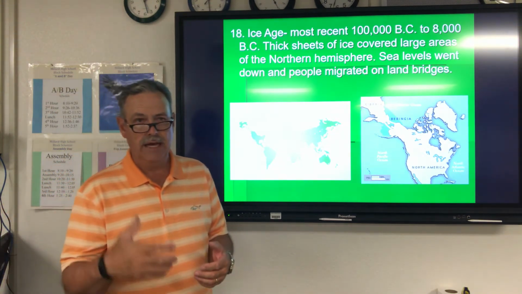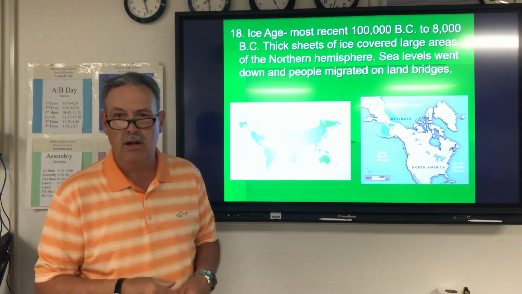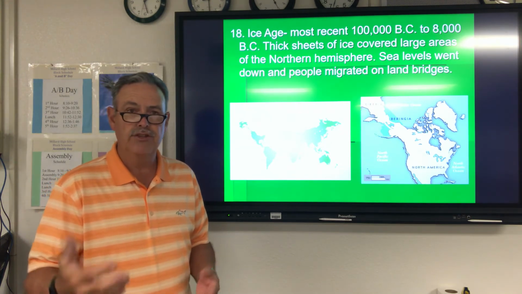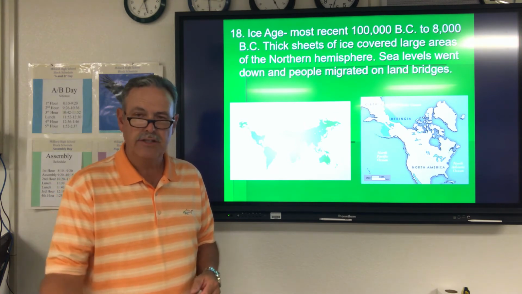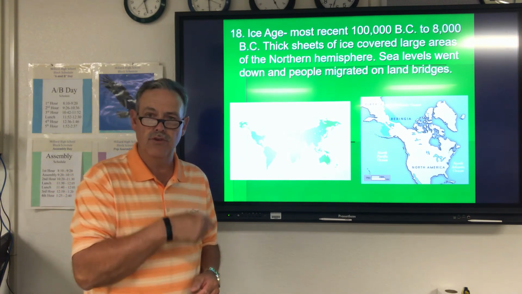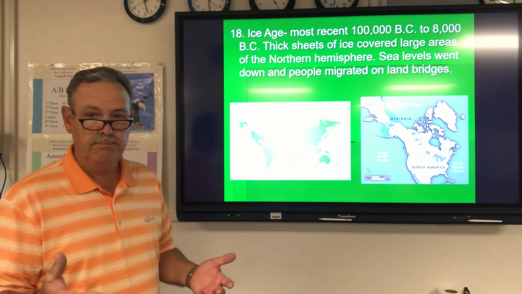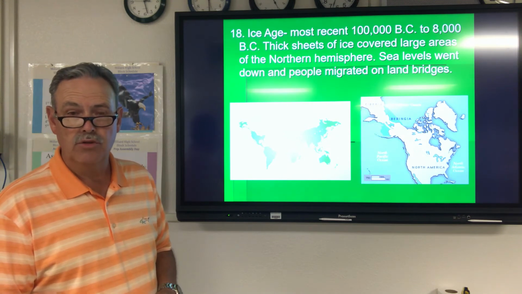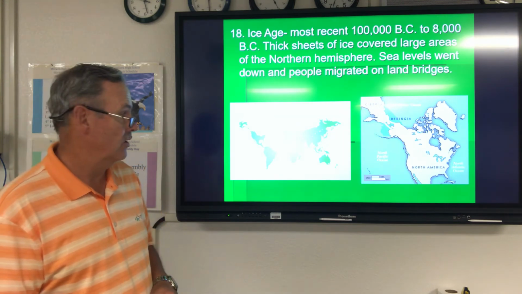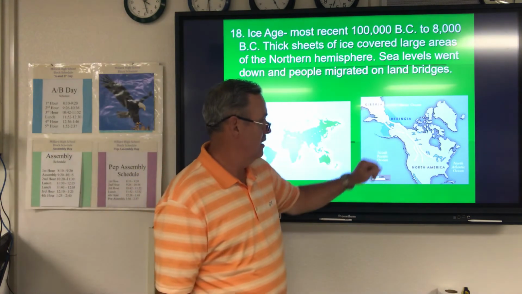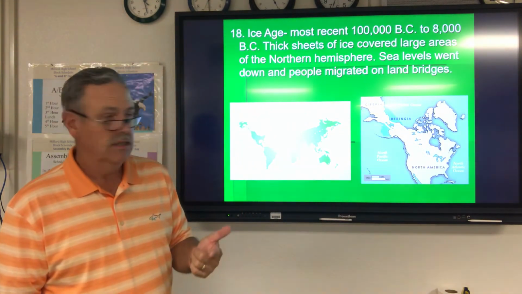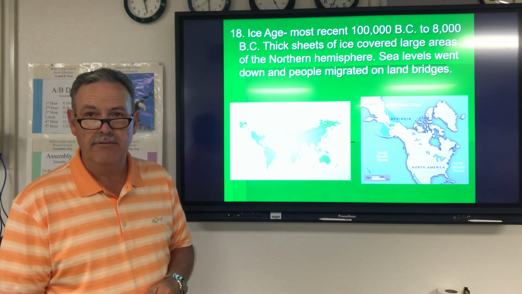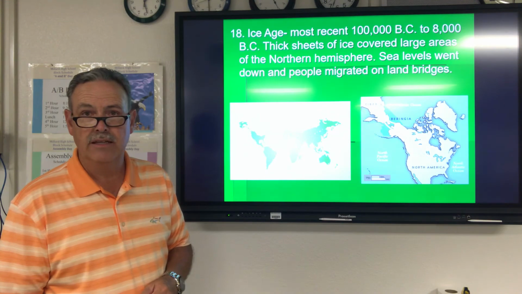Some of the earlier groups maybe went all the way down to South America, and then as temperatures changed and climate got better, they started to stop off farther and farther north, until possibly one of the last groups would be our modern-day Eskimos, or the Inuit, as they prefer to be called. And so that's why they live in Alaska and Canada, because that was the climate they left, and it's what they ended up finding that was comfortable for them.